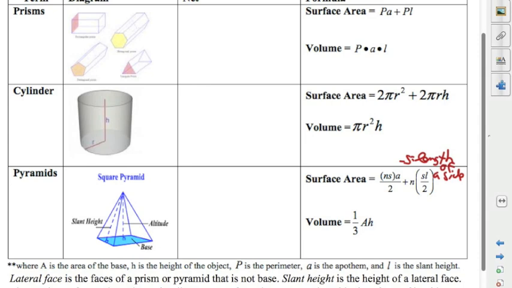So here we see uppercase A is area, lowercase a is the apothem. So A is the area of the base, which is PA over 2. This is really PA over 2.